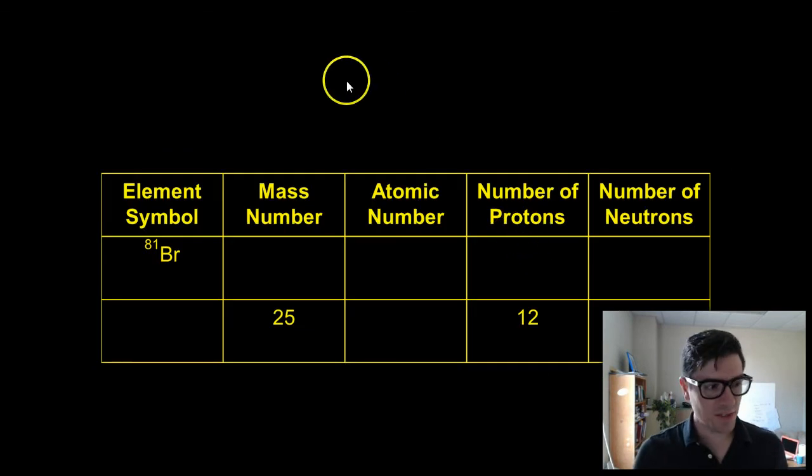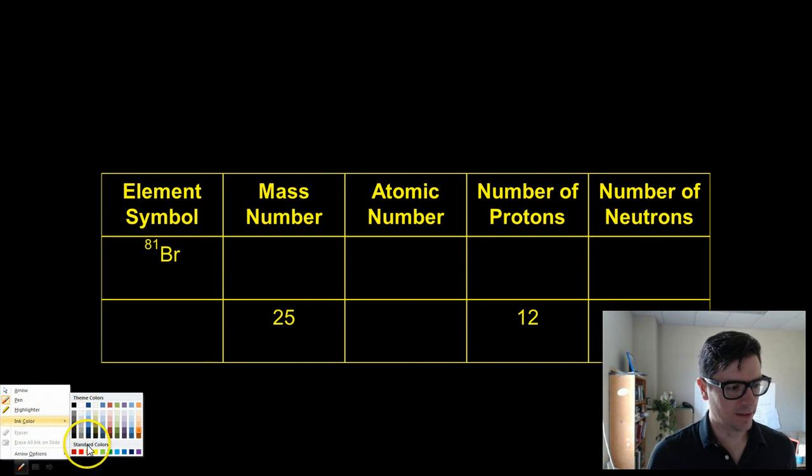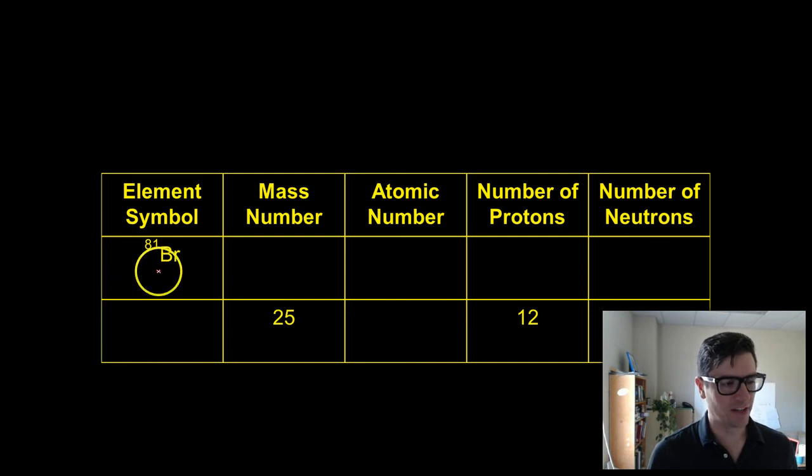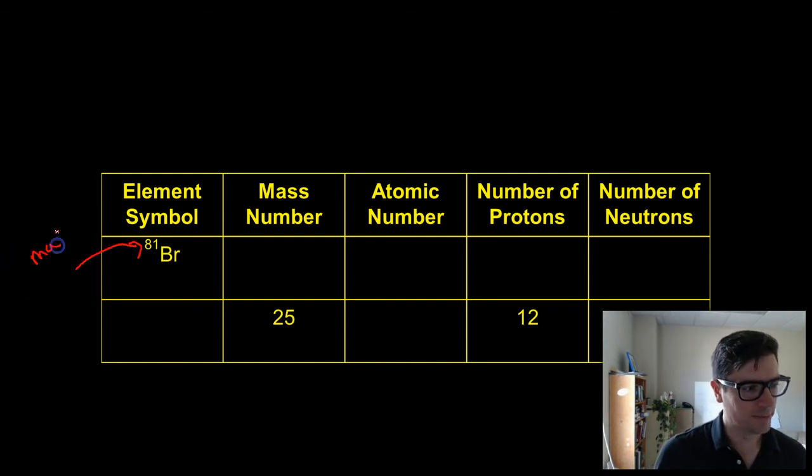Okay. So the second question, people did in general better on this one. What I have here is an isotope, and this isotope, that number up there is telling you this is your mass number.